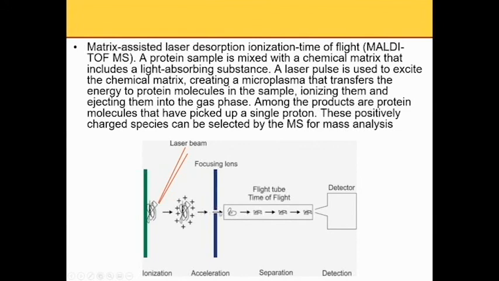Then they go through this focusing length and the gap one by one, and then you detect each protein molecule, and then you can determine the protein sequence. That's the mass spec. So in the chemistry department, they perform this kind of analysis to determine the protein sequence.